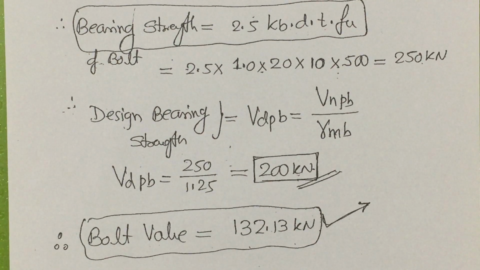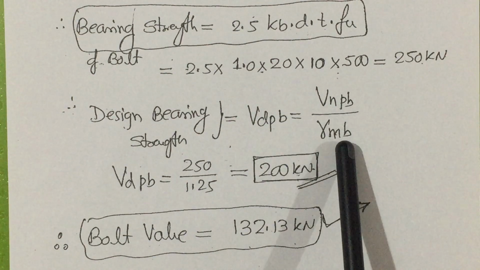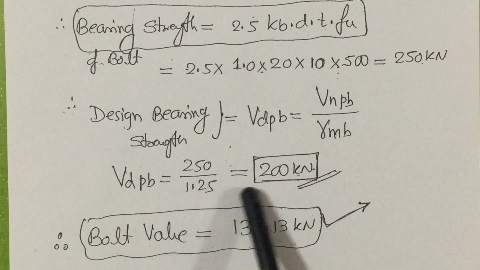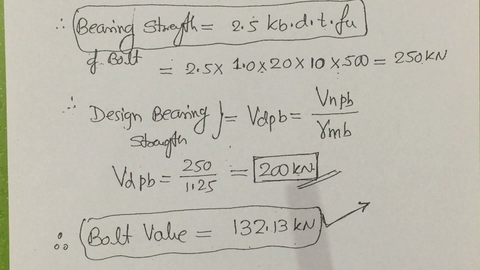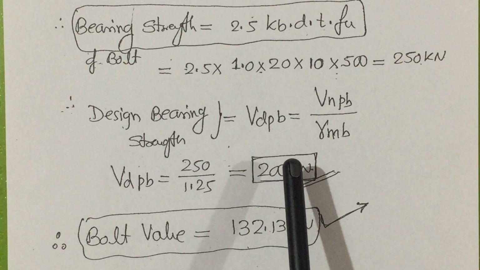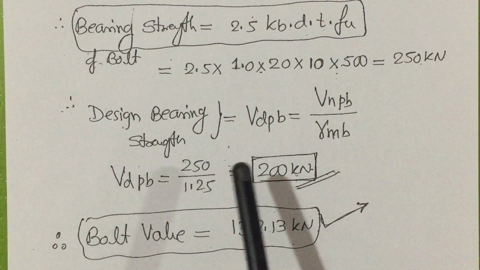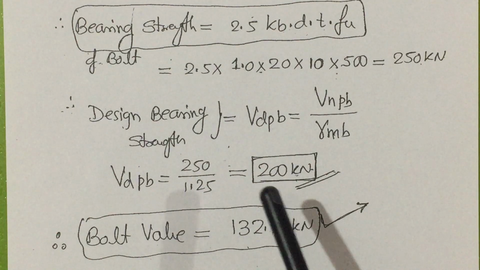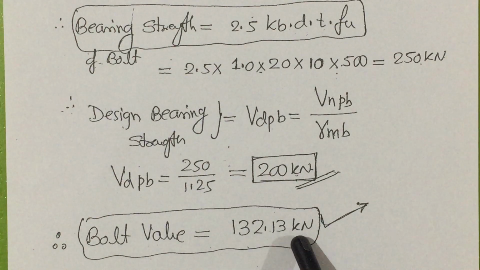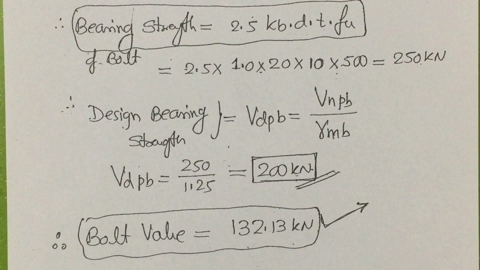Then the design strength VDPB is given by VNPB by gamma mb, substitute the values, you get 200 kilonewton. We calculated the shear strength as well as the bearing strength, and the bolt value will be the least of these two. The least of these two is 132.13 kilonewton, so that will become the bolt value.